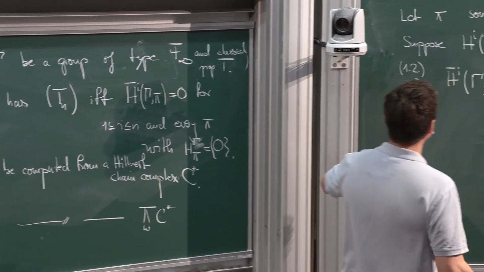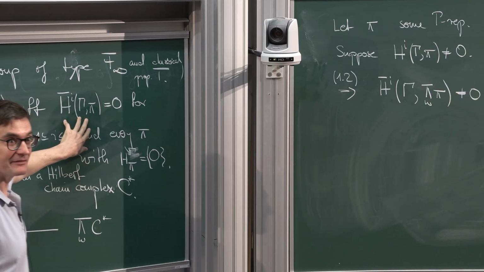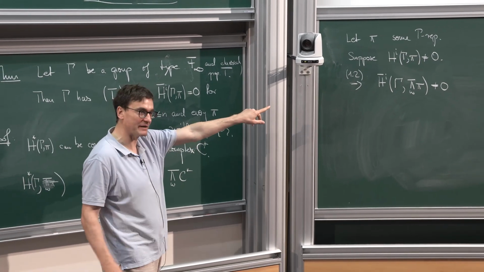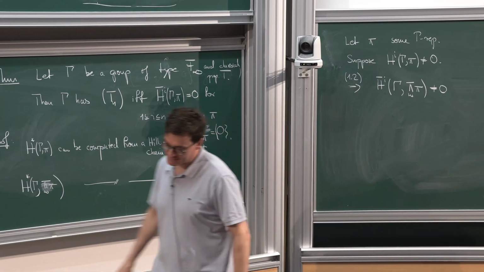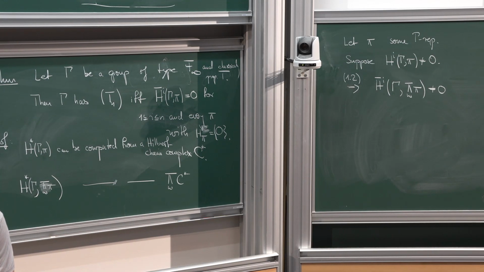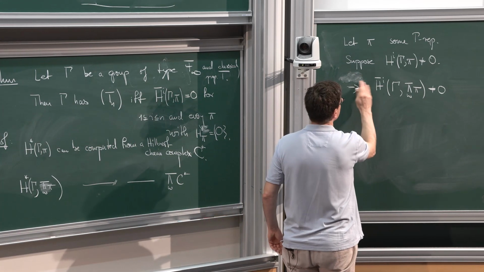Right. So this would contradict our assumption, provided we have no invariance in the ultra power. And we had this lemma, and this was in section, I think this was probably 1.2, actually. This was not 1.2, this was later.